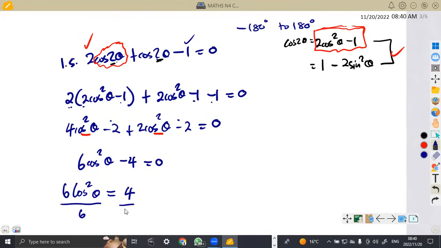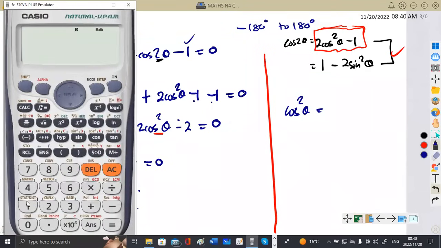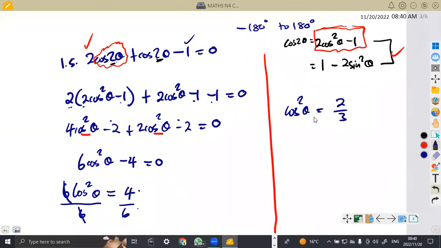You can divide by 6 both sides. So that means we're going to have something of this nature. Cos squared theta is equal to 4 over 6, of which 4 over 6 is the same as 2 over 3. We can just use your calculator there. 4 over 6 is 2 over 3. So it was going to be 2 over 3.